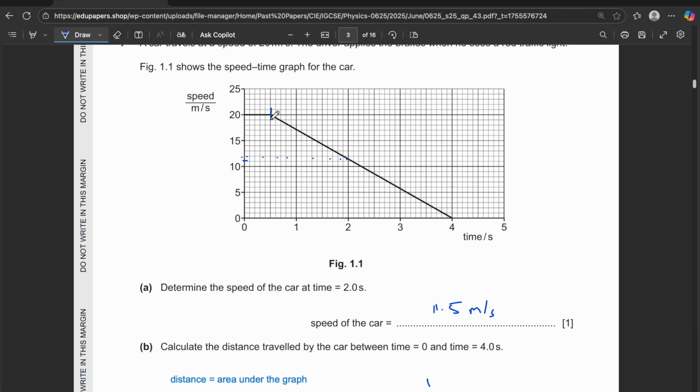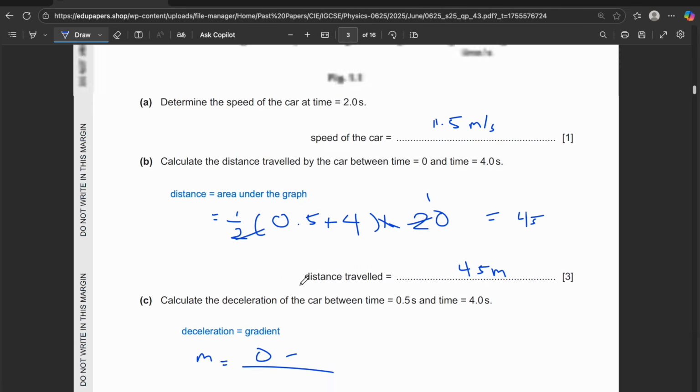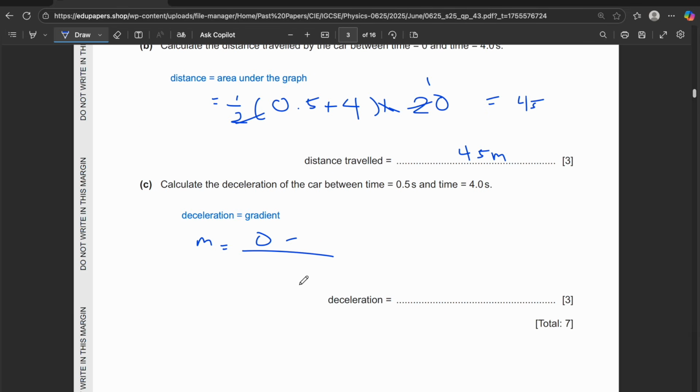I think the easy one is here, 0.5, 20 and 4, 0. So m is equal to 0 minus 20, and 4 minus 0.5. That will be 20 divided by 3.5.